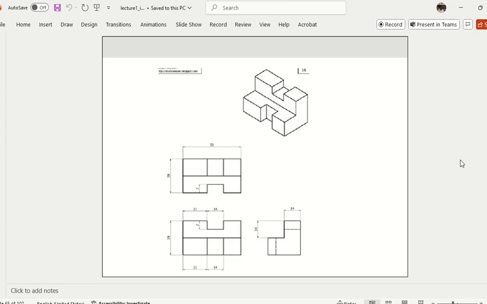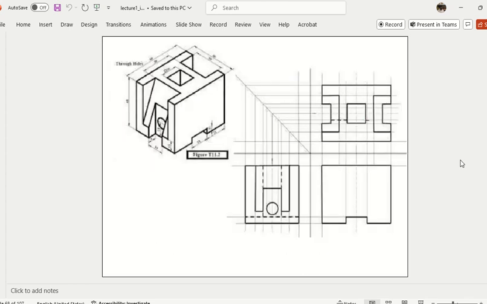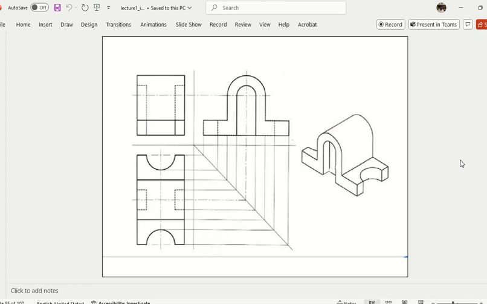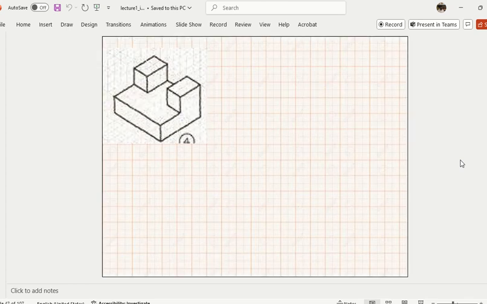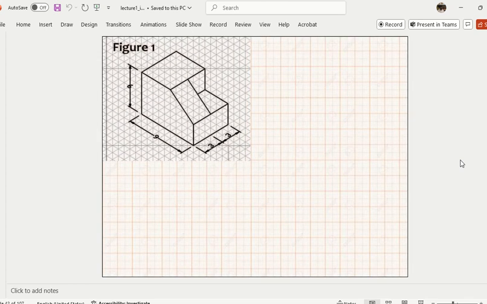You will see these lines. Right now we are just doing the sketching. What these lines are and how to use them, I will tell you in AutoCAD directly. Because right now we are not using any dimensions. We are doing it on paper without dimensions. In AutoCAD, we will try to do it accurately.